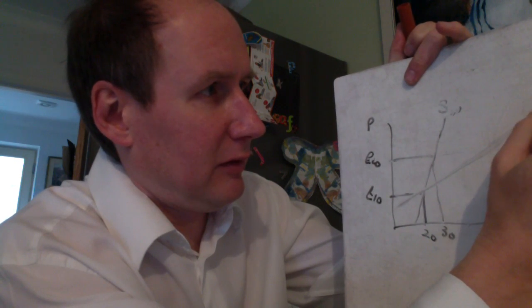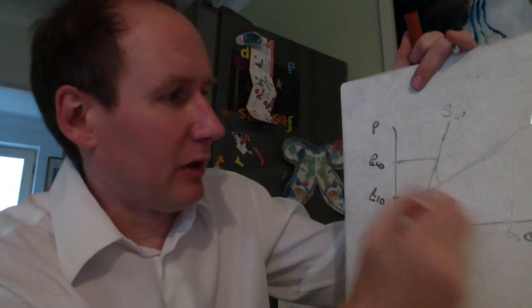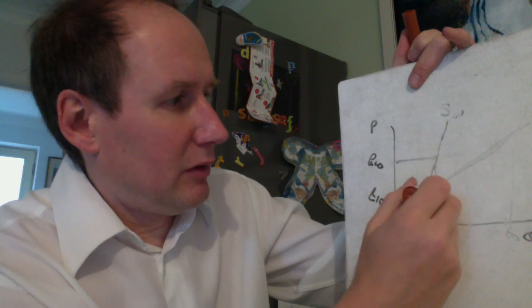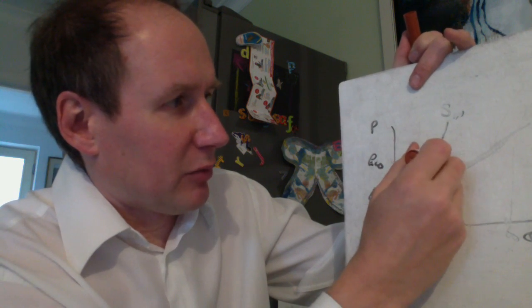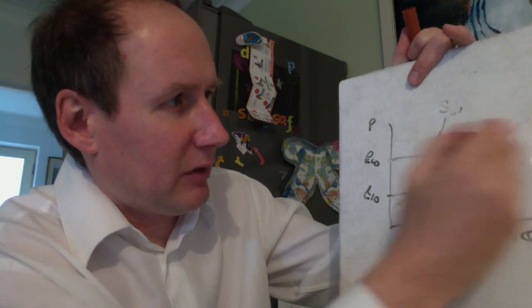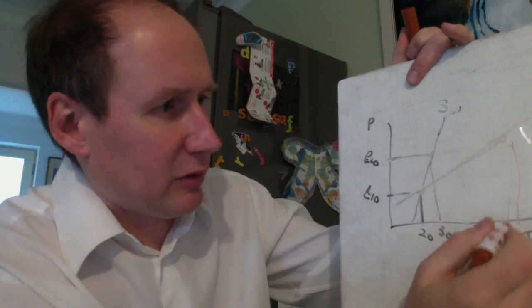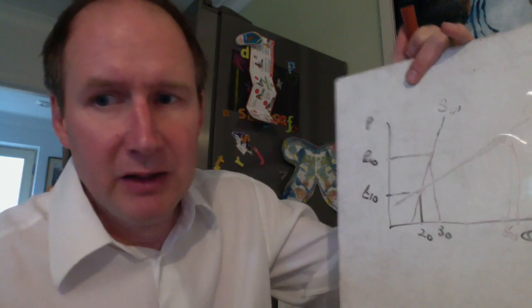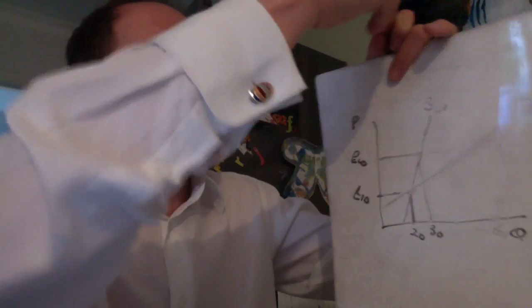Supply elastic. In the first case, price rises, supply only rises a little bit. In the second case, price rises, supply rises a lot. So that's what your price elasticity of supply is showing you.